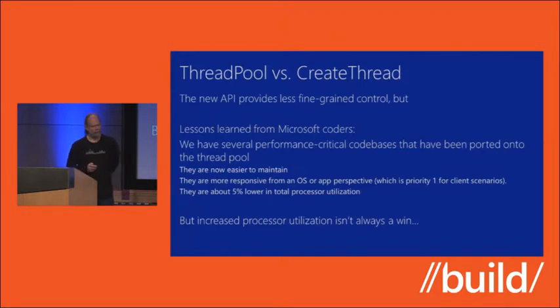But what we've learned is that a lot of times people who took advantage of that control didn't necessarily end up with a better, more robust implementation that scaled particularly well. And so our experience has been, we have a fair number of intricate code bases inside Microsoft, and people have ported those code bases over to the Thread Pool and found that they get to within about 5% of the performance that they used to get.